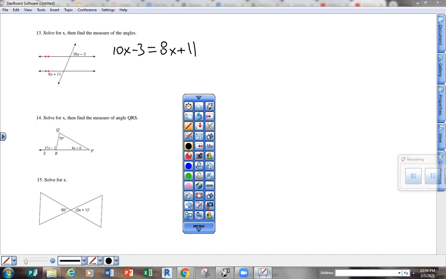Variables on both sides. Start by getting rid of the plain number on the left. Stay on that side. Get rid of the variable term on the right. And then go back to your left side and divide.